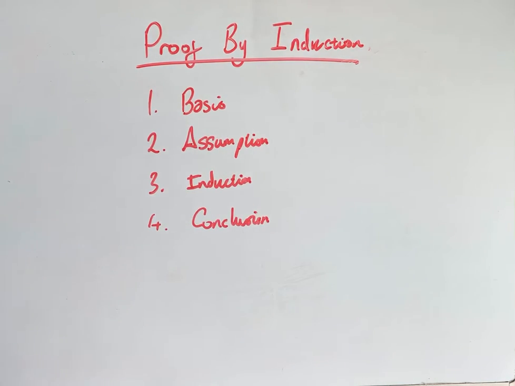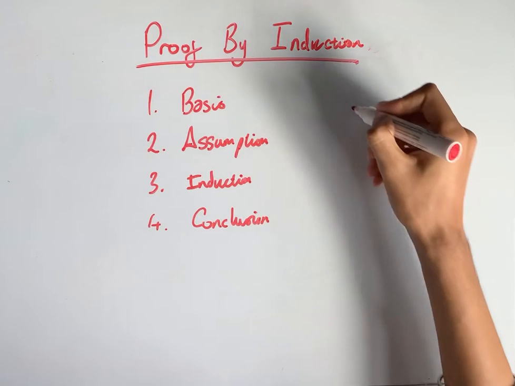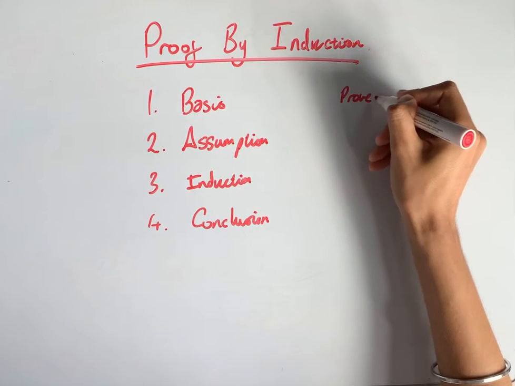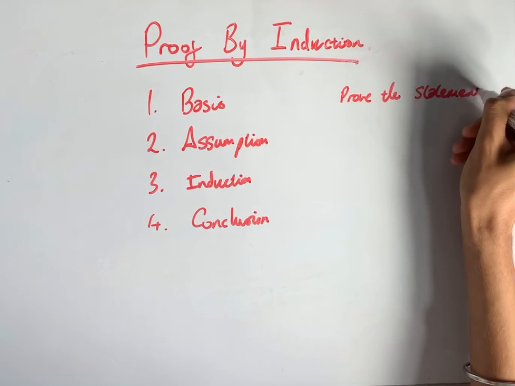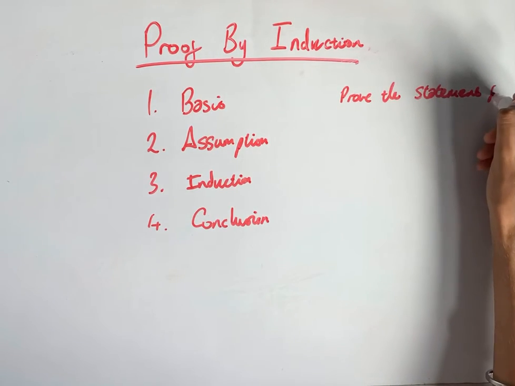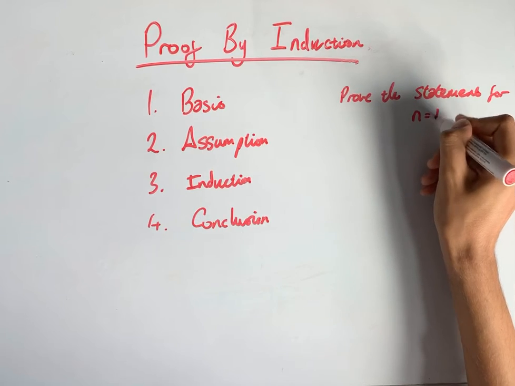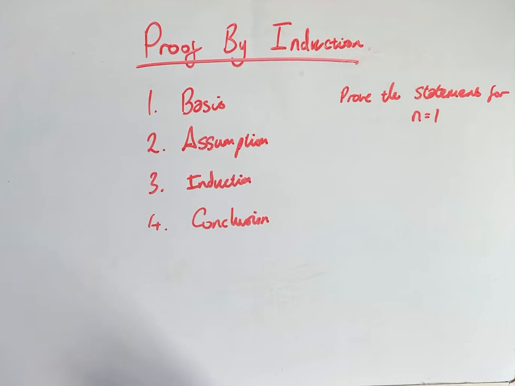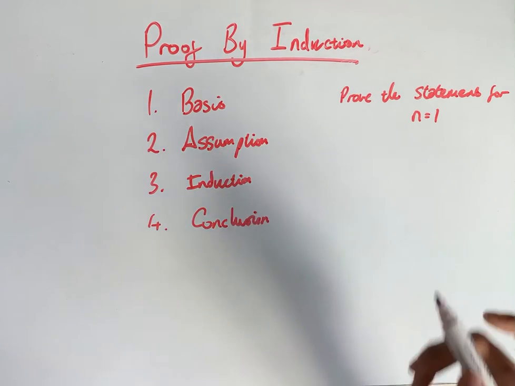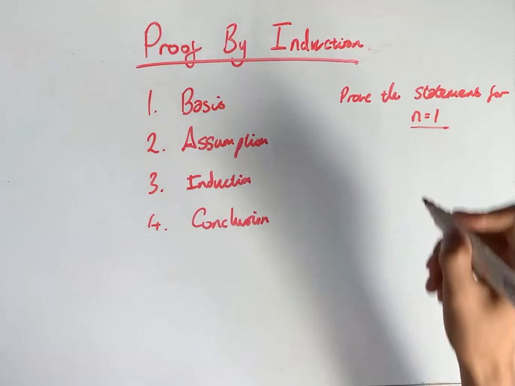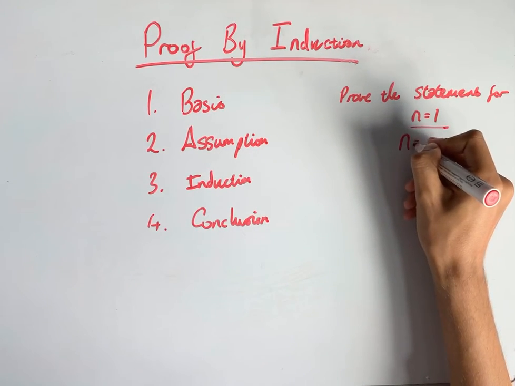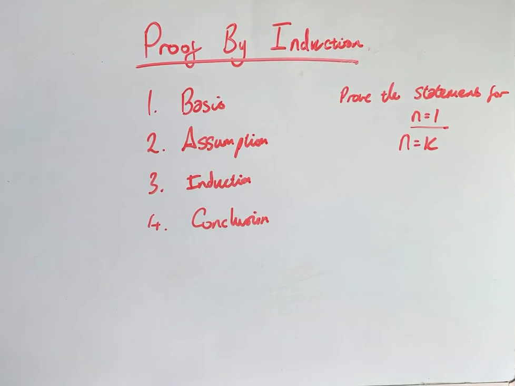The basis step usually involves proving the statement for any given number, usually 1, which means you prove the statement at usually n equals 1. But this can be done for any number, and the proof by induction still works. The assumption then says that because you know it's true for at least one value, you assume it holds for all values n equals k.